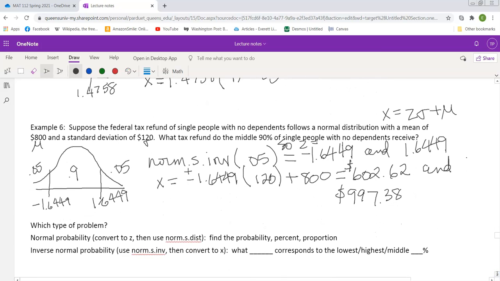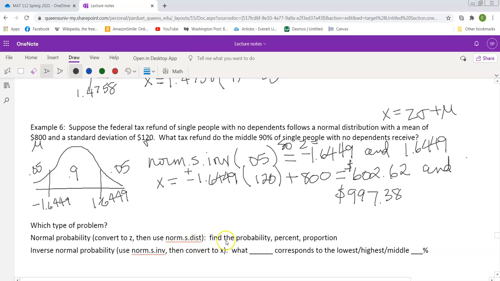Before we go, just a quick sum up. We've looked at two different kinds of problems: finding the normal probability and finding the inverse normal probability. To find the normal probability, you convert to z. You've got a probability that starts with P of x something, and you convert that to z using x minus mu over sigma, and then you use norm.s.dist.